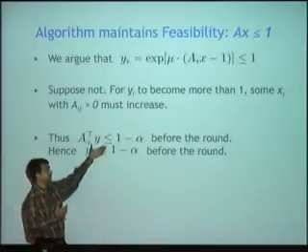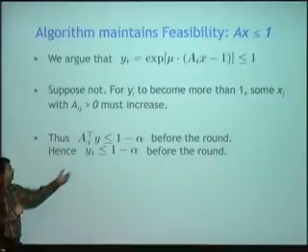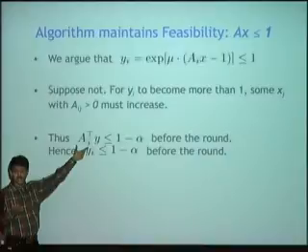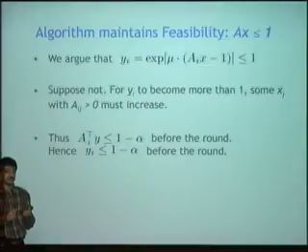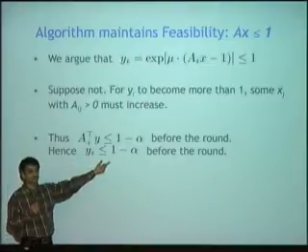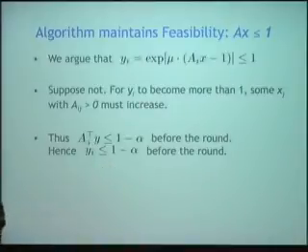Only then can x_j increase. But all the non-zero entries in A are at least 1, and in particular a_ij is at least 1. Therefore y_i must be less than 1 minus alpha before this increase. So y_i is sufficiently smaller than 1.